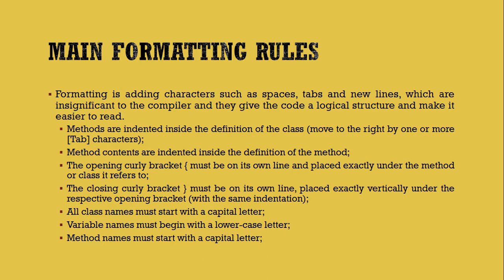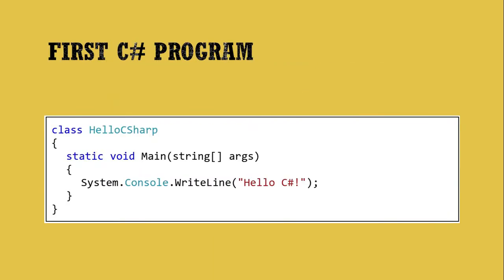The rules for formatting source code are: first, methods of a program should be indented inside the definition of the class. In our example, the main method is a little bit indented inside the definition of the class.